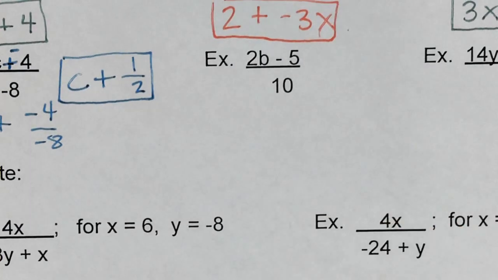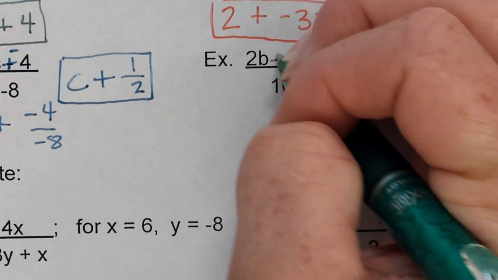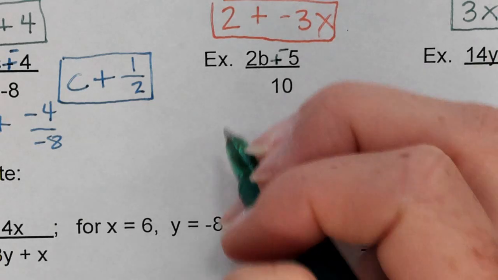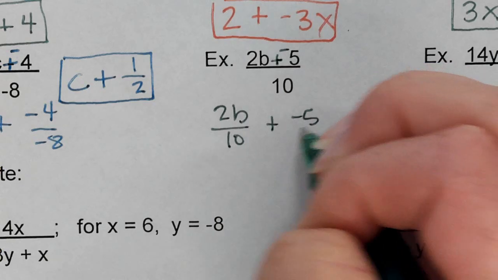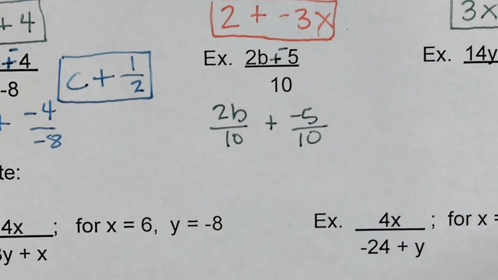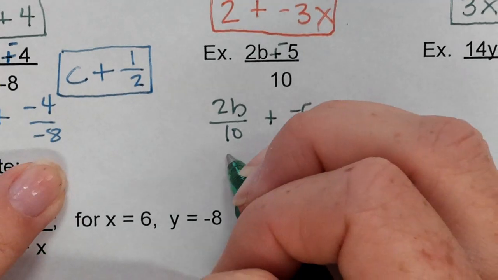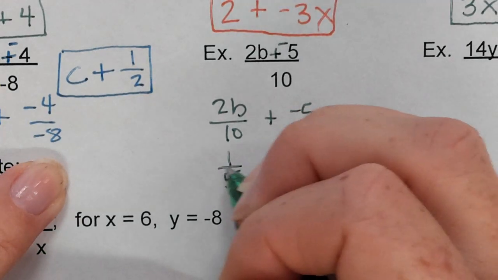All right, let's do this one. Change. 2b over 10 plus negative 5 over 10. What does 2/10 simplify to? 1/5 b. Remember, where can the b go?